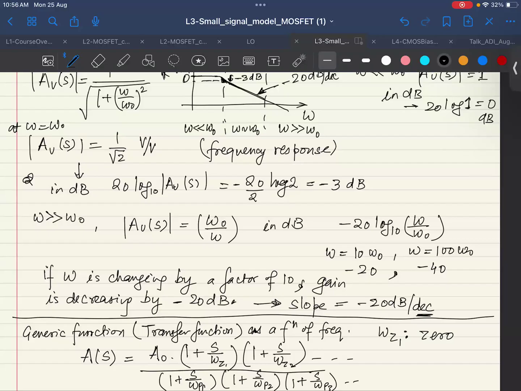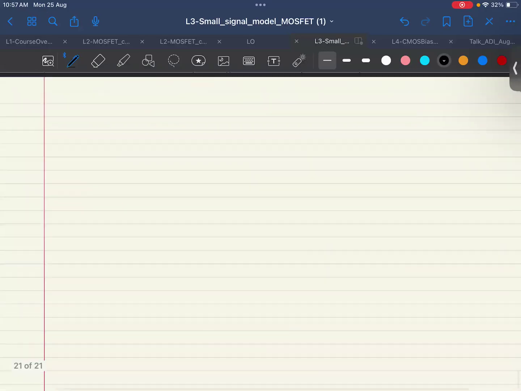Now this is coming from the numerator. And we will go into the physical understanding of these things later. As of now, we are just defining these so that if you come across these terms, zeros and poles, you are not completely oblivious to those terms. And that is important.